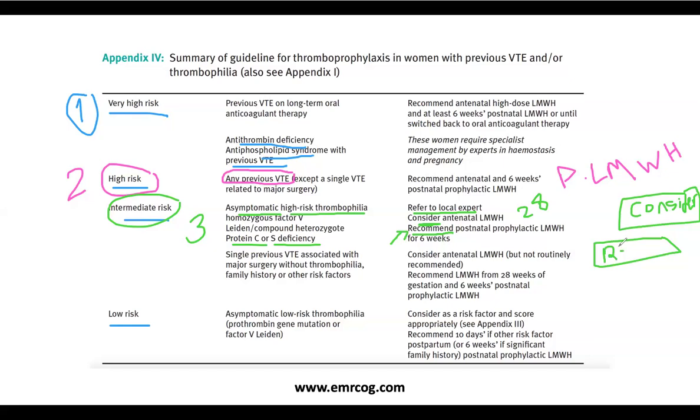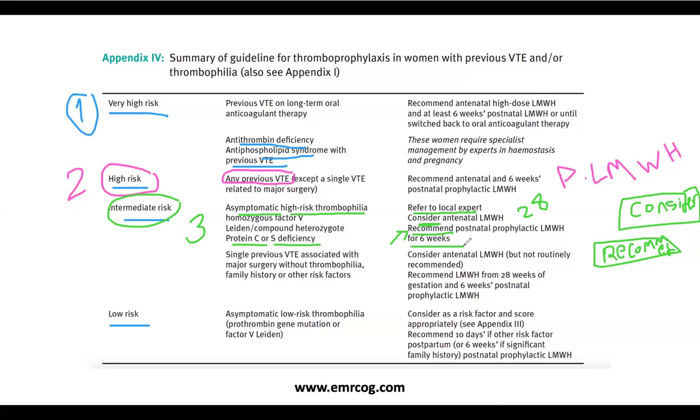So in the exam, he will give you this simple case, which is also a very important recall, and it's tricky, okay? It's tricky, I know it. And I would like to remind you, because everyone will get it wrong unless you know this tip. This is to recommend postnatal prophylactic low molecular weight heparin for 6 weeks.